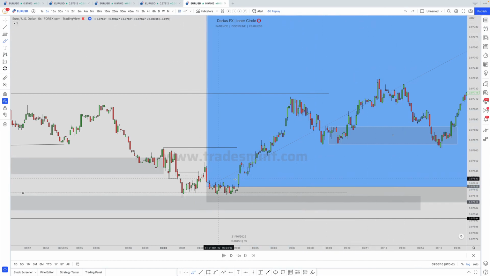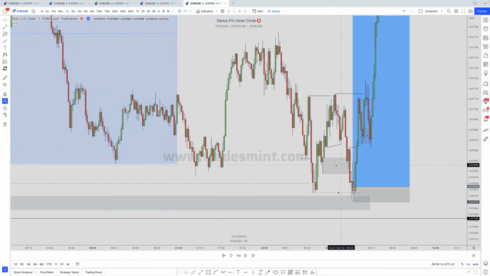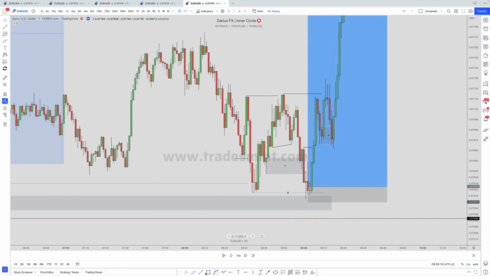Okay, so in this case, the 5 seconds would also be an ideal confirmation entry here, and then you go for it.